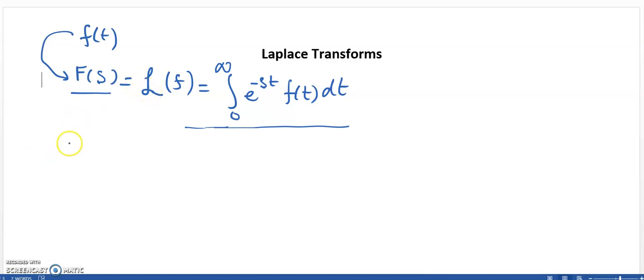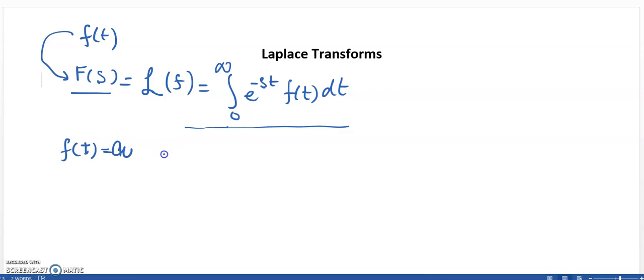We will start from a function which is equal to 1, or you can even say a function which is a constant a. a can be any constant.